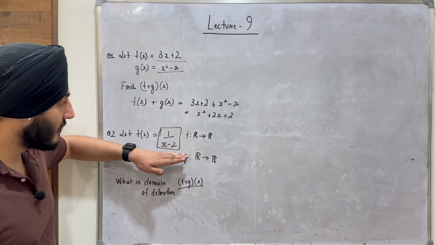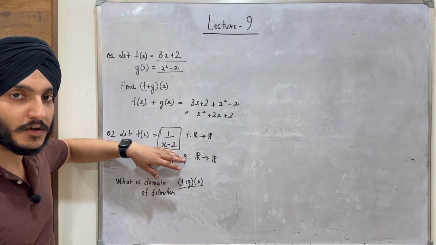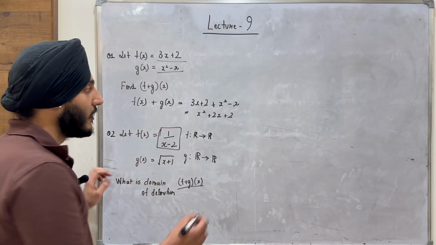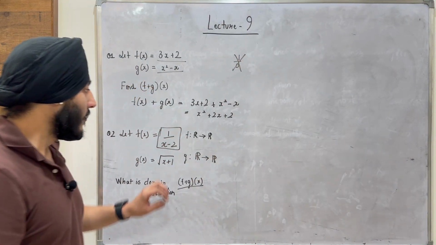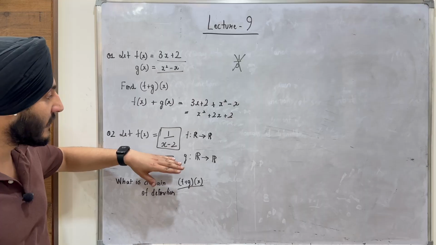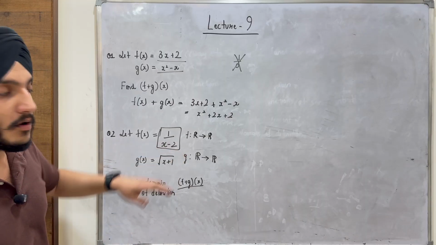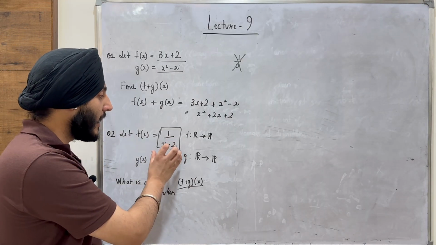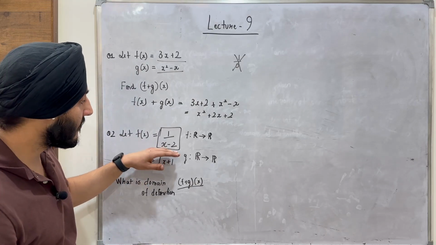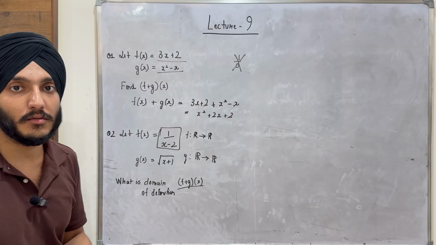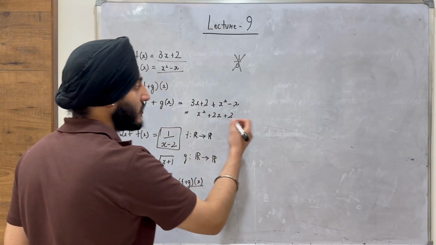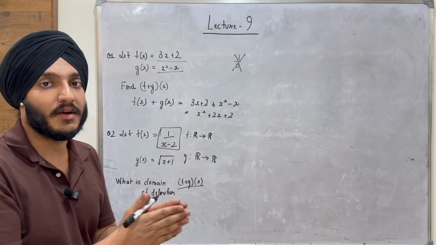So I cannot allow 1 by 0. When would this be 1 by 0? When the value x is equal to 2. So I cannot input the value 2 into this equation. If I do, I get an undefined value. So 2 is out of my domain of definition.